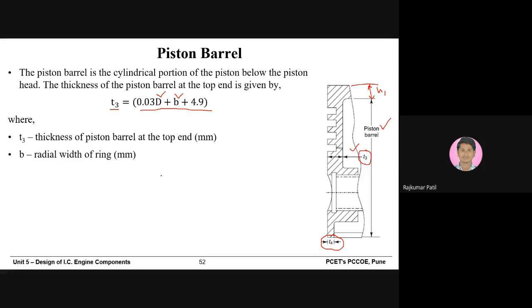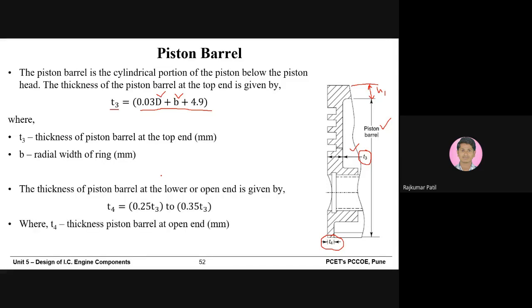B is the radial width of the ring, and T3 is the thickness of the barrel at the top end. Similarly, the thickness of the barrel at the lower or open end is denoted by T4, and it is 0.25 T3 or 0.35 T3.